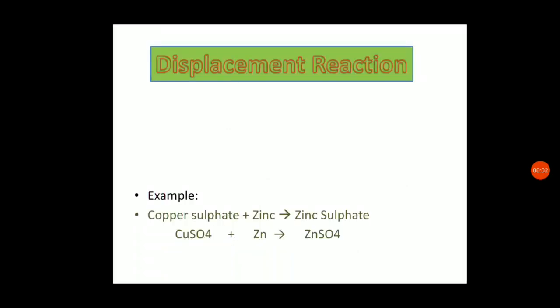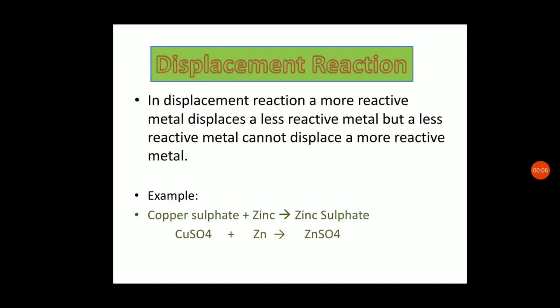We will study displacement reaction. So what is displacement reaction? Here the more reactive metal displaces less reactive metal, but less reactive metal cannot displace a more reactive metal. So we'll see a general equation.